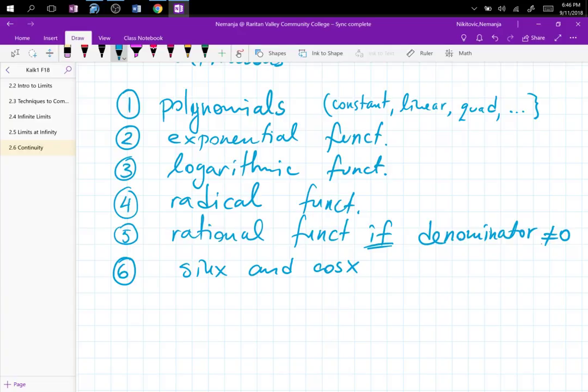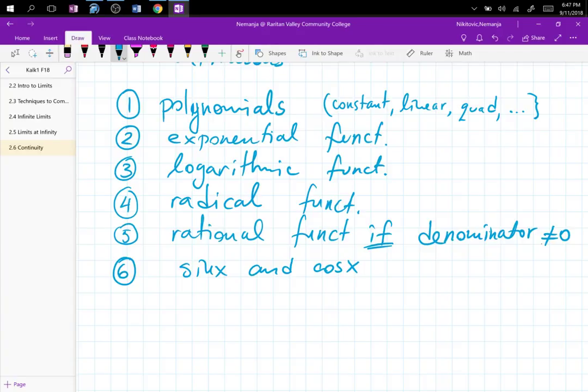If the degree of the leading term is 2, then you have a quadratic function, which is x squared. All polynomials are continuous. And that's that. I don't care if you have x to the 3750th power, continuous on its entire domain from negative infinity to positive infinity.